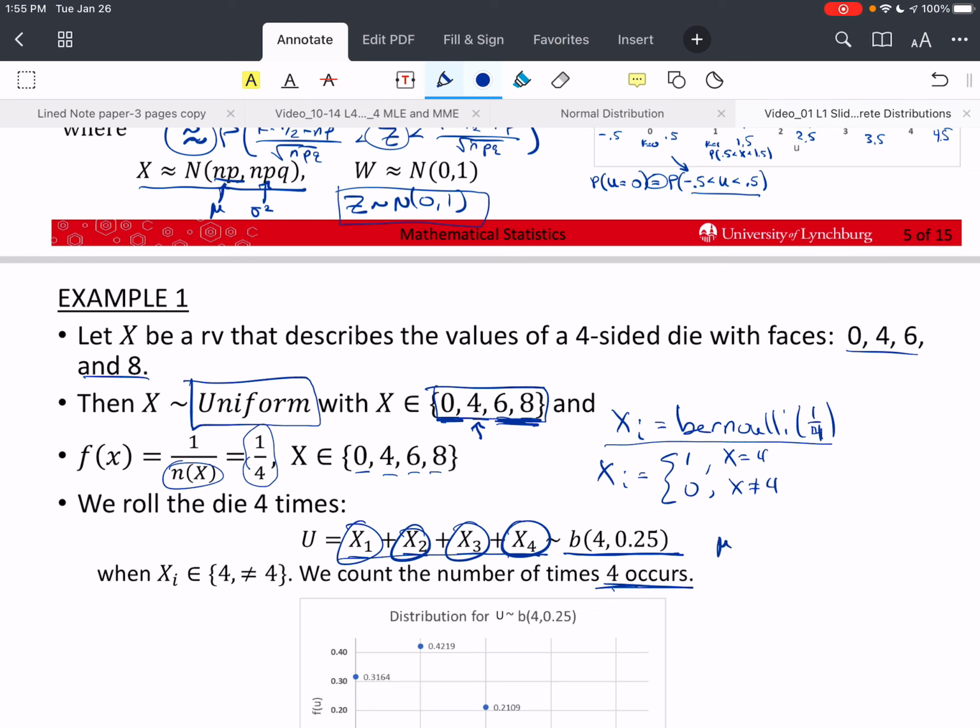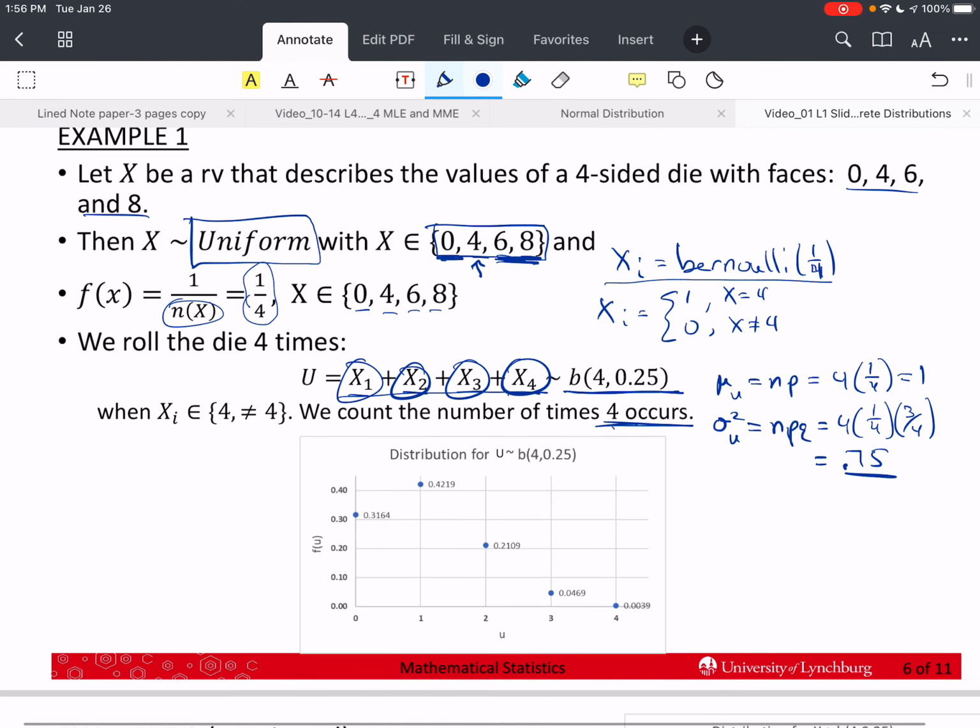And mu of u is np, which is 4 times a fourth, which is 1. And sigma squared of u is npq, which is 4 times 1/4 times 3/4, which is going to be 3/4, which is 0.75. All right.